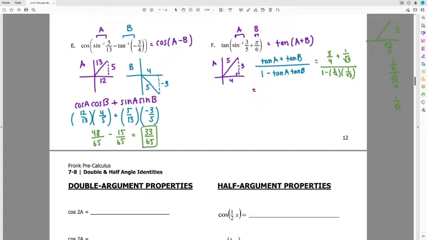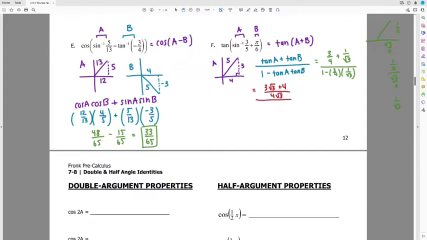What I'm going to do is find a common denominator in the top and the bottom, and then simplify the numerator and the denominator, and then go from there. Now, on the top, 3 over 4 plus 1 over root 3. Well, the common denominator there is going to be 4 root 3. So this first term needs a root 3 over root 3. This is going to be 3 root 3 plus 4 over 4 root 3 on the top.